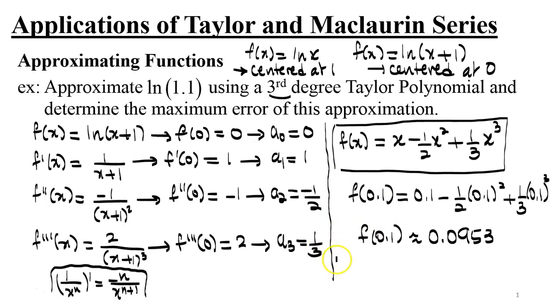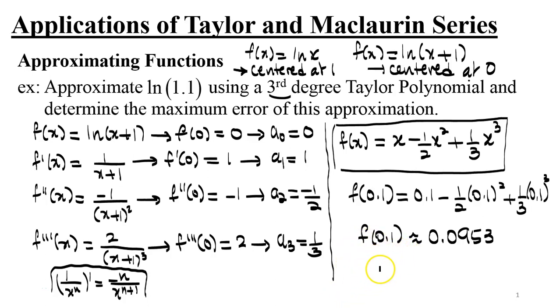Now, however, I need to determine the maximum error of this approximation. So my question is not done yet. I need to approximate ln of 1.1, which is what I just did using a third degree Taylor polynomial, but I need to determine the maximum error of this approximation.